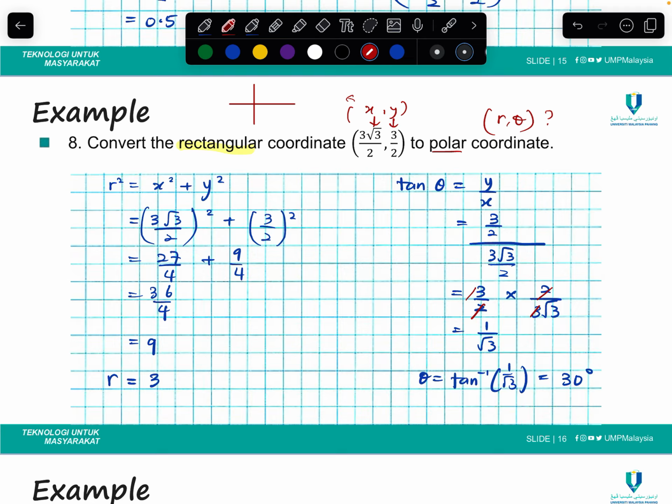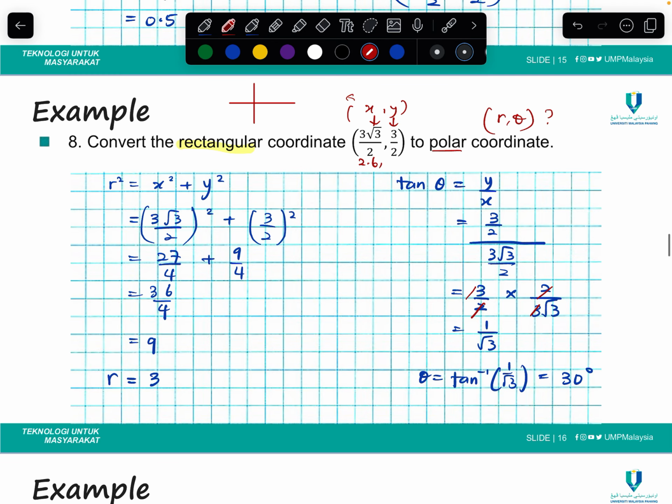Let me compute this. 3 square root of 3 divided by 2 equal to 2.6. 3 over 2 is 1.5. So if we plot in rectangular coordinates (2.6, 1.5), the position is here.